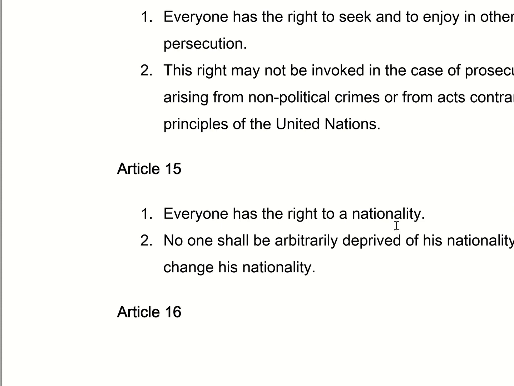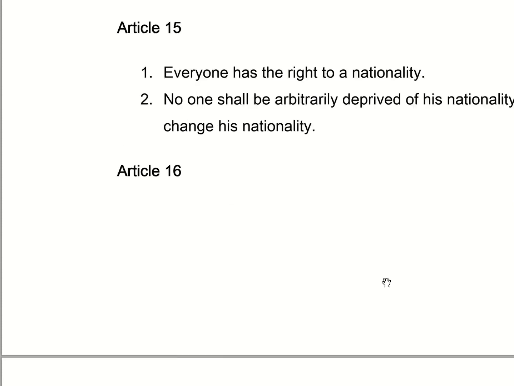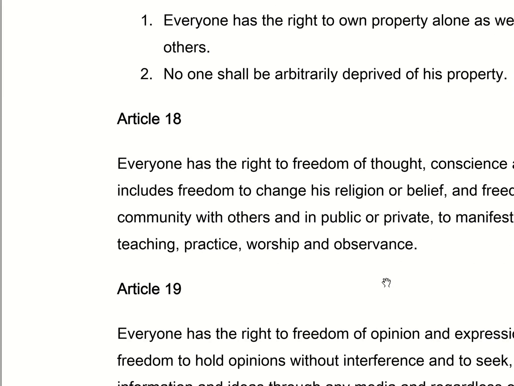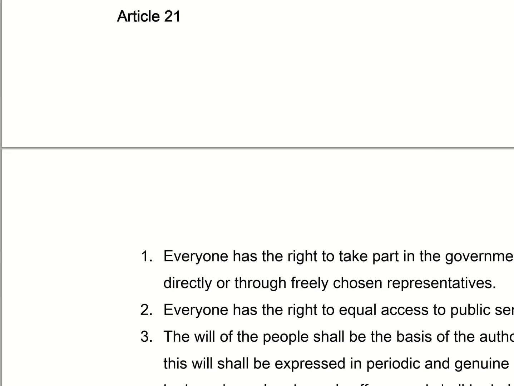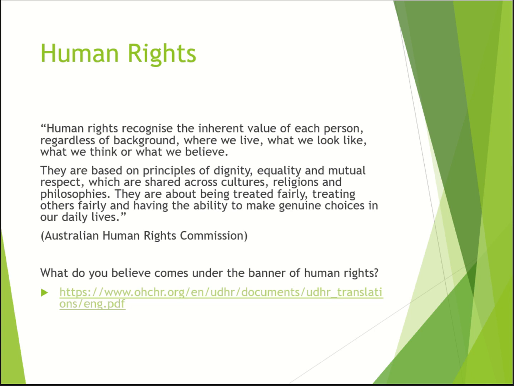Everyone has the right to nationality. No one should be arbitrarily deprived of his nationality, nor denied the right to change his nationality. So these are all human rights that we expect people to have and that they should have. If you want to look further, have a look at that link, and you'll be able to see a few more of those there.